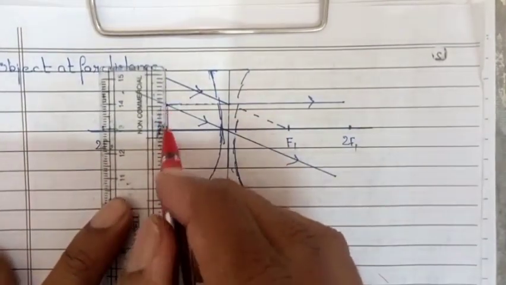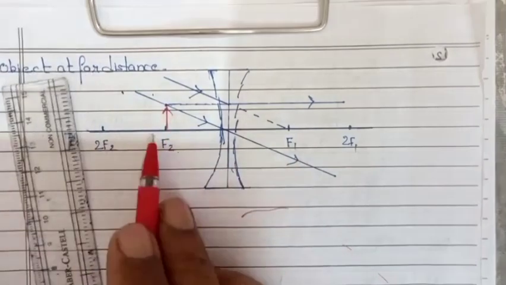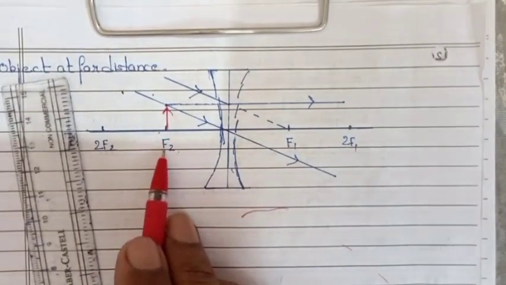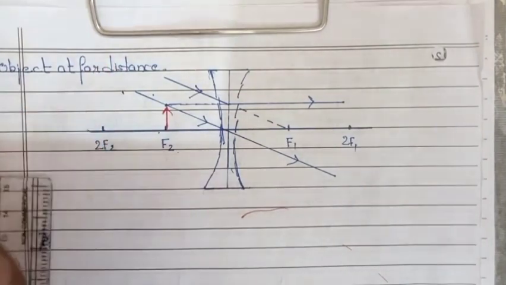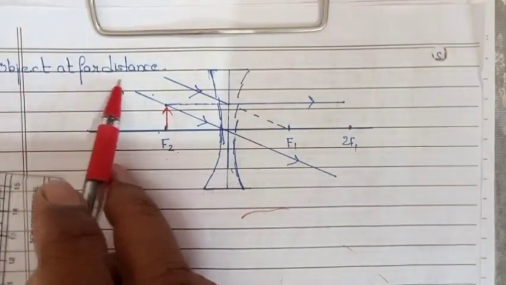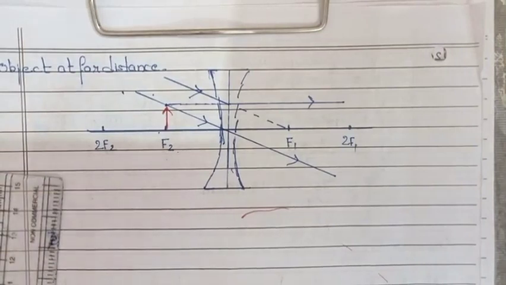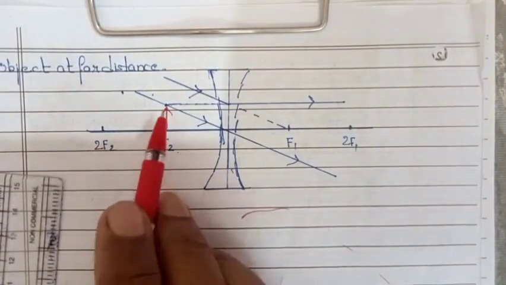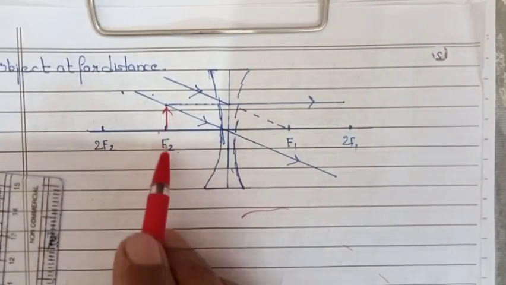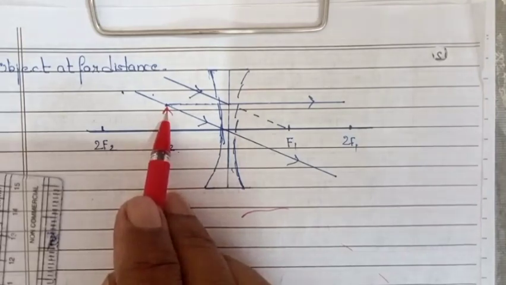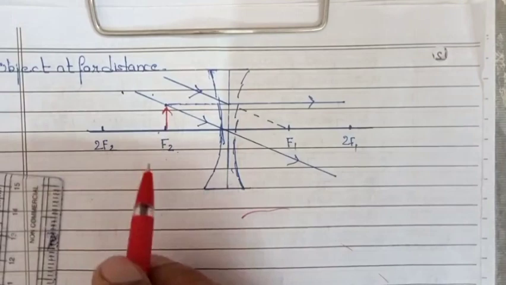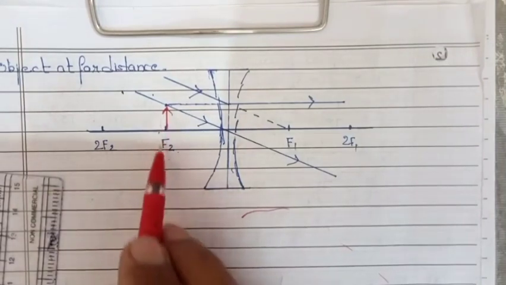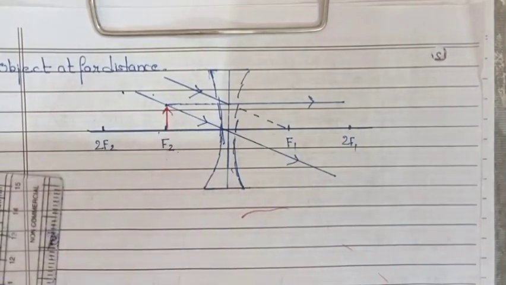See, you are getting an upright and diminished image at the focus. The object must be very large because the rays are coming from a far distance, but the image that you are getting is upright, and secondly it is smaller than the object and it is being formed at the focus. This is clear to you?